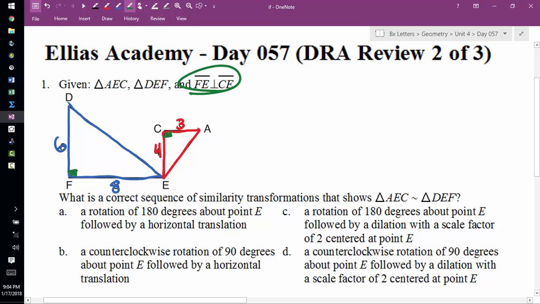That's nice. So the real question is, what is a correct sequence of similarity transformations that show that the triangles are similar?